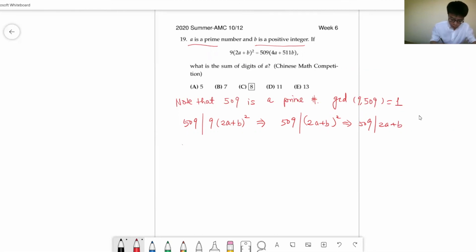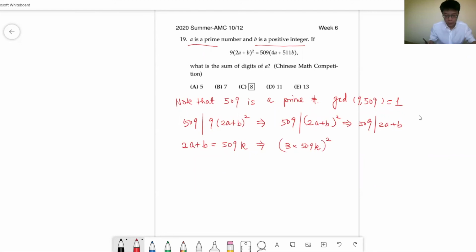So let's denote the following: 2a plus b equals 509 times k for some integer k, okay? Then we have 9 times (2a plus b) squared, so if I put 9 into the square, it's basically (3 times 509k) squared.